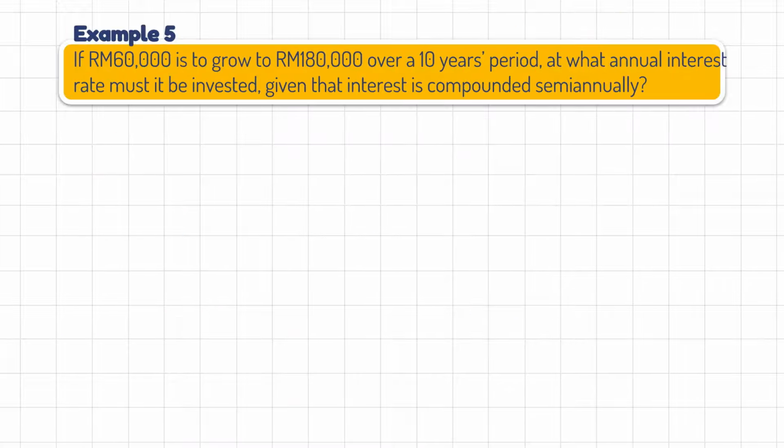For the next example, which is example 5, if 60,000 ringgit is to grow to 180,000 ringgit over a 10 years period, at what annual interest rate must be invested? Given that the interest is compounded semi-annually.